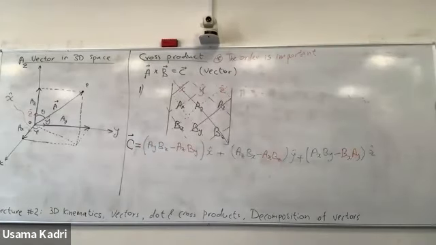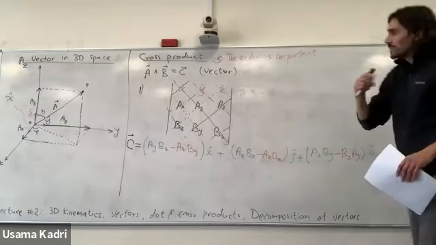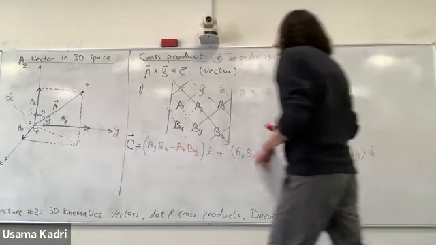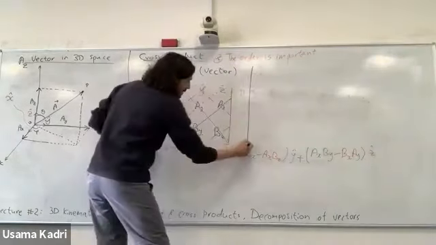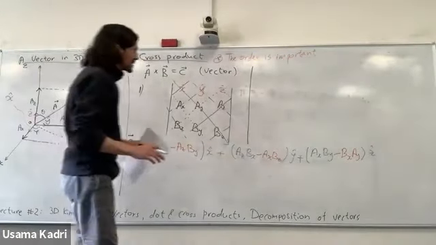Let's look at another way of finding the cross product. It is much easier, but then you have to think of the direction. That is the harder part. It's not that hard actually, once you get used to it, if you're consistent.